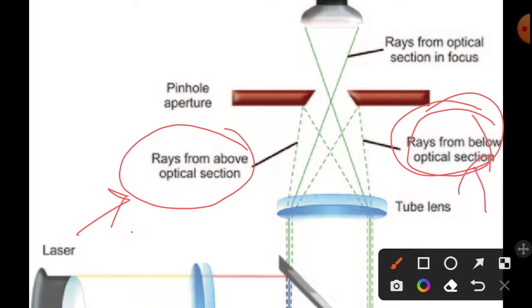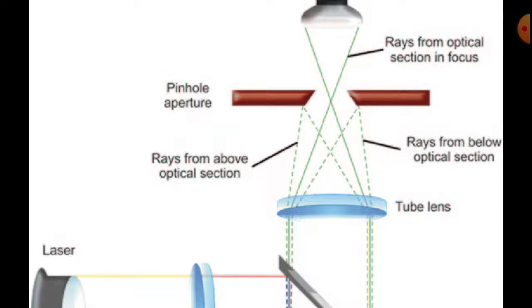Also, rays from below the optical section are eliminated. It only allows the light or rays from the optical section in focus, that means light coming from the plane of the focus for each plane. This plane of the focus will be caught by the detector.